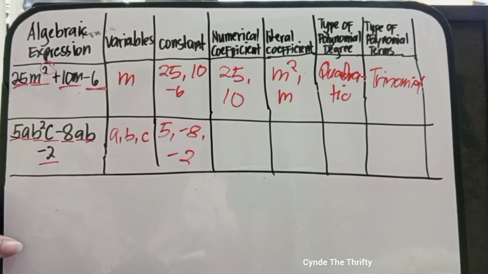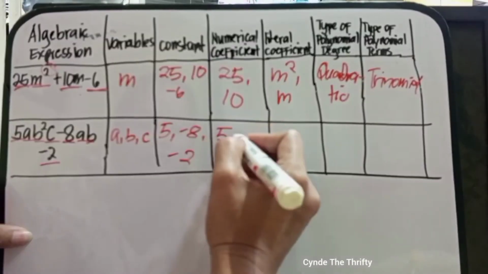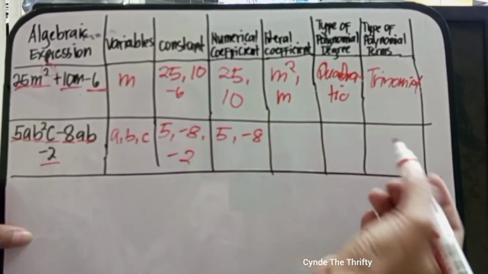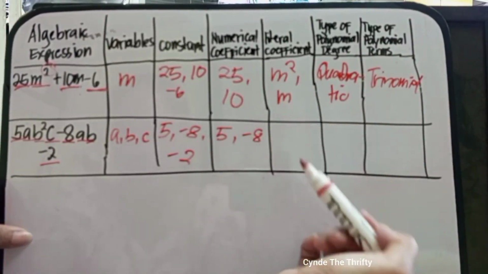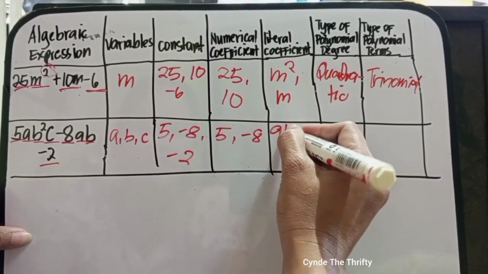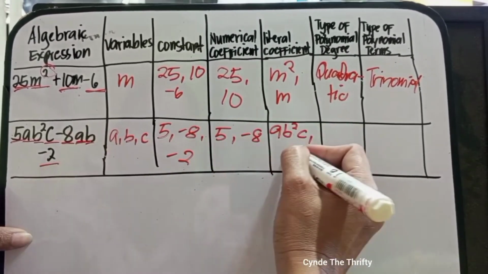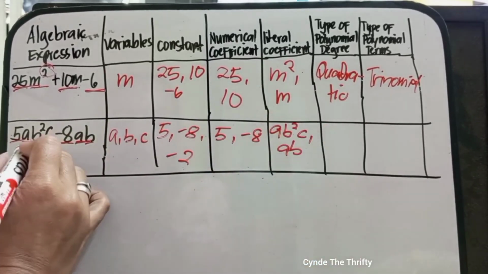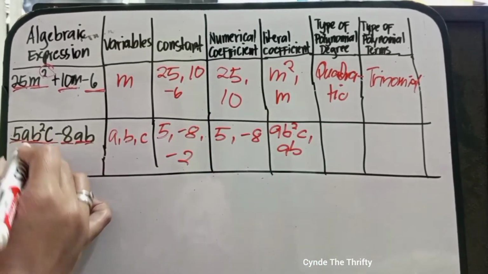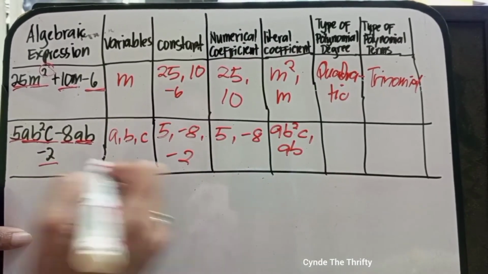Ano yung ating numerical coefficient? Ang numerical coefficient natin is 5 and negative 8. Okay, so literal coefficient. Ang ating literal coefficient is ab squared c and ab.